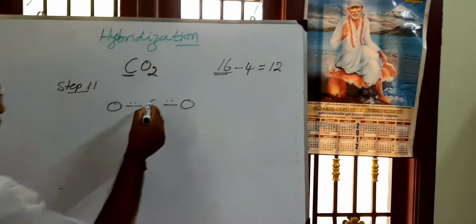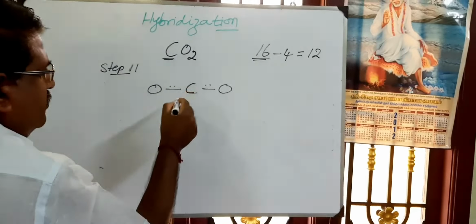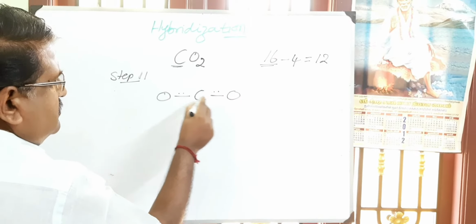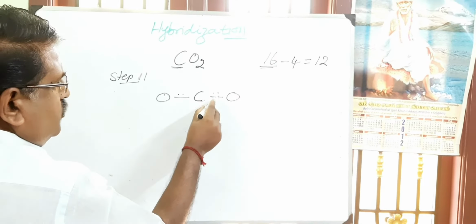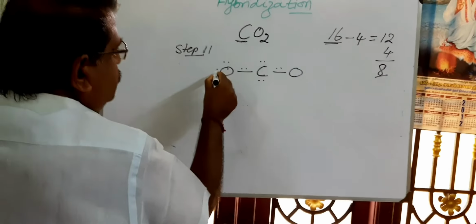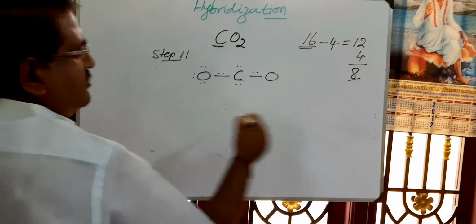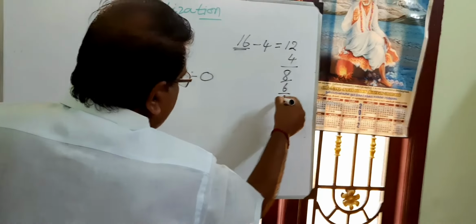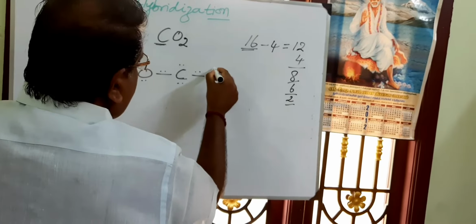Now the carbon should follow the octet rule. So 2 electrons, here 2 electrons, 4, 6, 8 electrons. So we have 8 electrons remaining. The 8 electrons can be distributed like this: 2, 2, 2, 6 electrons. Now we have 2 more electrons for this oxygen. Now this is the molecular structure of carbon dioxide.